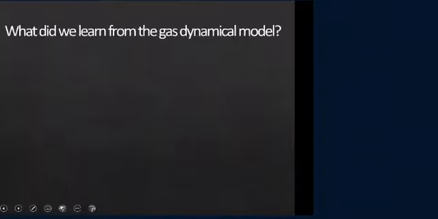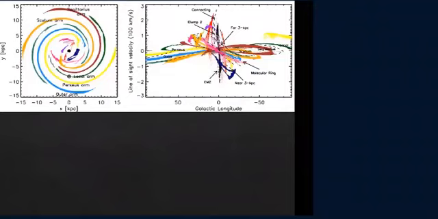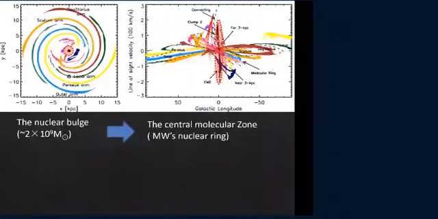Not only do we get a good match in the gas dynamical models, we also try to understand which physical feature is responsible for the creation of the observed features. For example, we found that in order to reproduce the central molecular zone, in other words the Milky Way's nuclear ring, you need to add a central nuclear bulge.